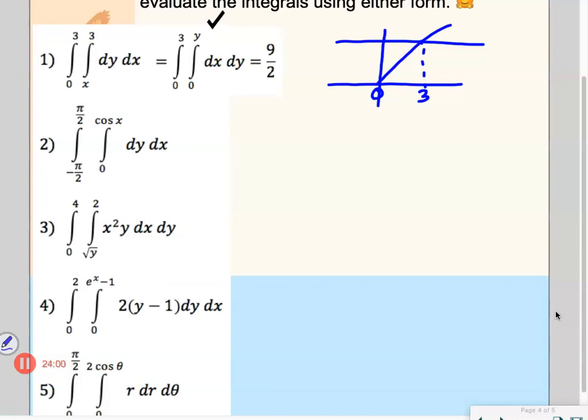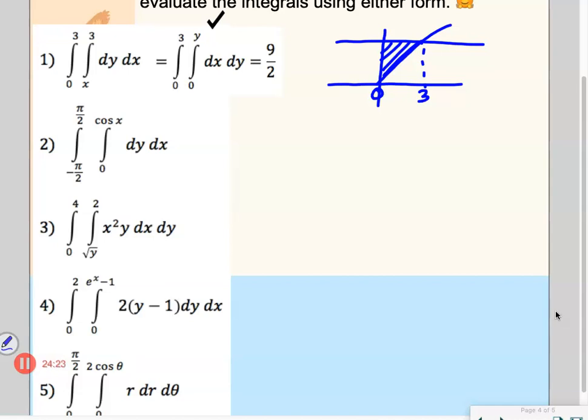That would be y equals 0 to y equals x, not y equals x to y equals 3. The graph is actually up here, so make sure you shade the right area. Okay, and then to reverse it, now we're going left to right, so x equals 0 to x equals y. Lowest y is 0, highest y is 3.